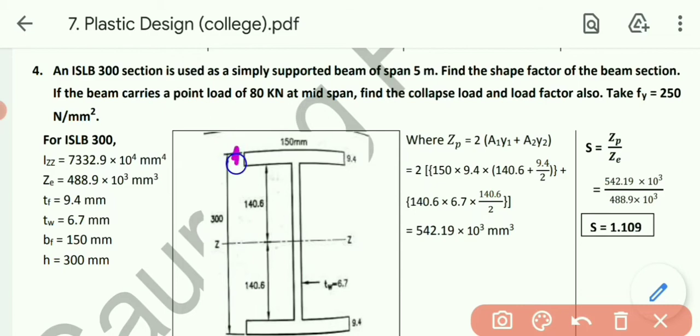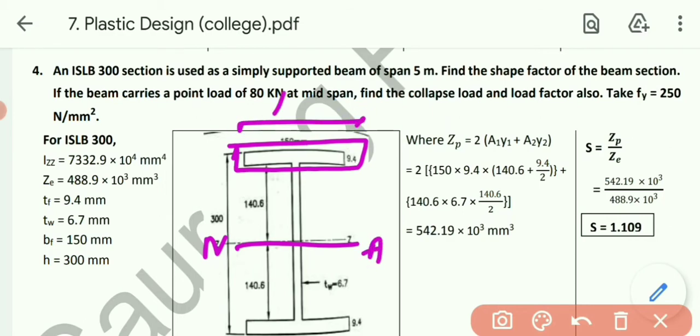So what we are doing over here: this one is our flange, and we need to calculate its area and CG with respect to the neutral axis. Its area is 150 multiplied by 9.4, and its CG will always be at the center, so the distance from the neutral axis will be 140.6 plus 9.4 by 2.